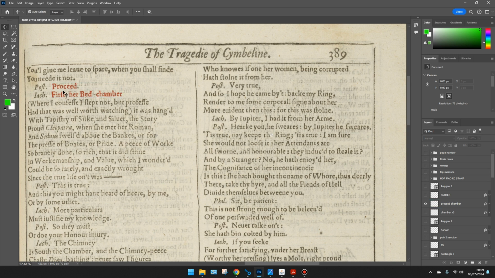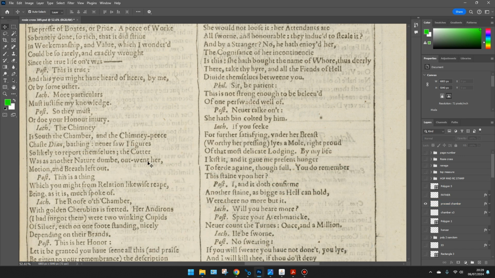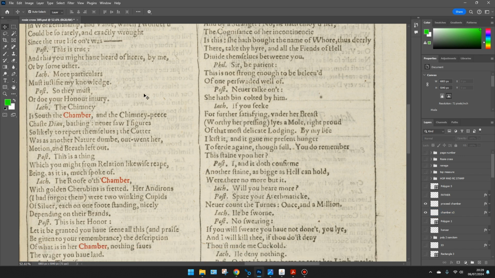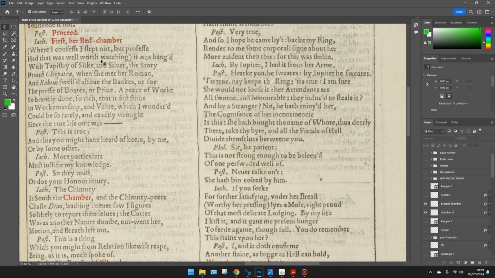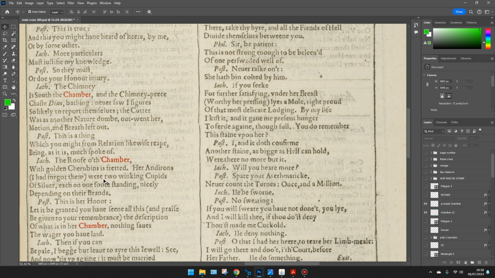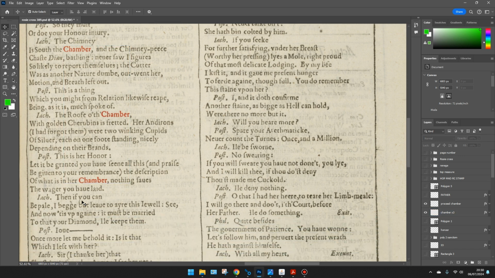But it's proceed first her bedchamber, and this is where the measure part becomes important, because when I highlight the next occurrences of the word chamber, we have 1, 2, 3, and what I found is they were equidistant from the centre chamber, being that they measured the same size, and being what we just seen, that seven-sided tomb that I decided to place the next one down like here as well.